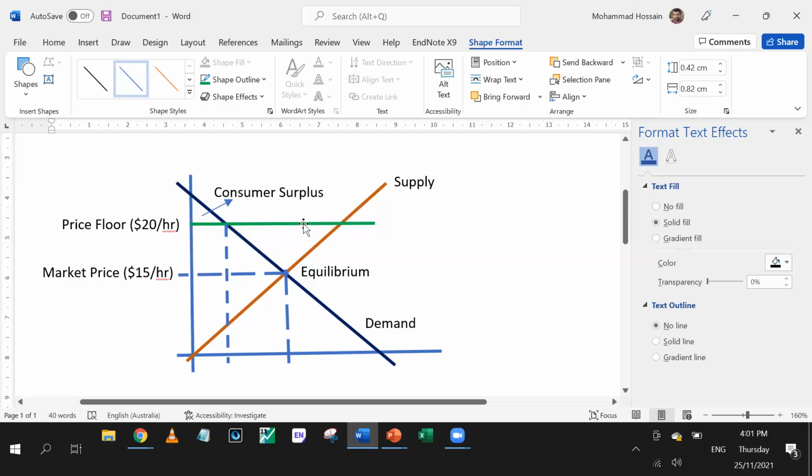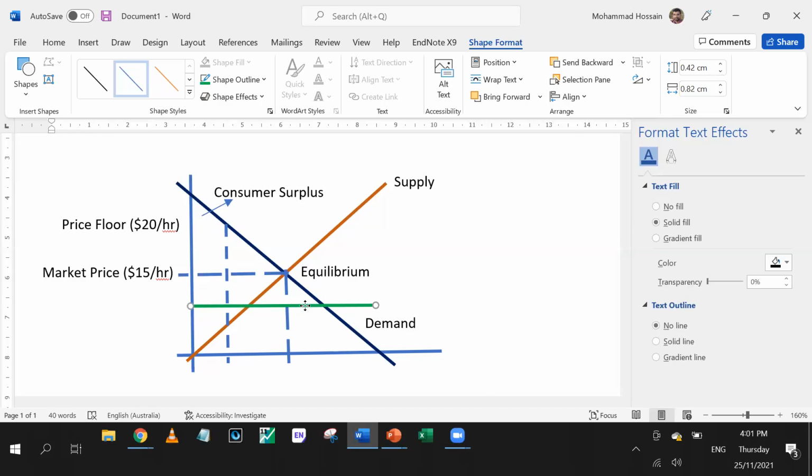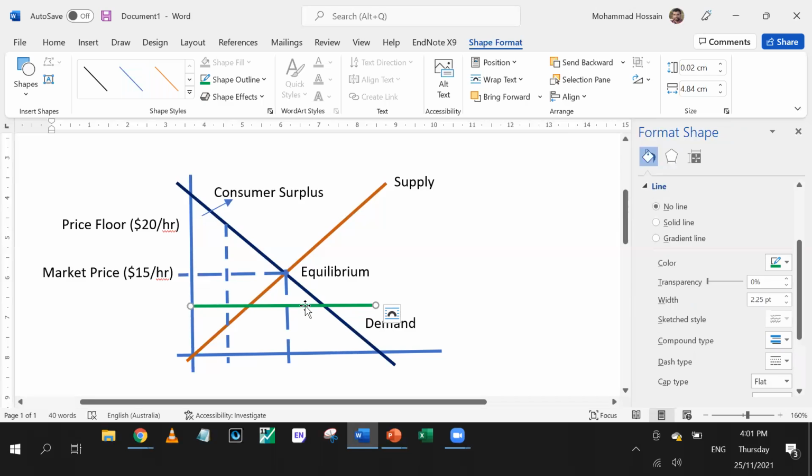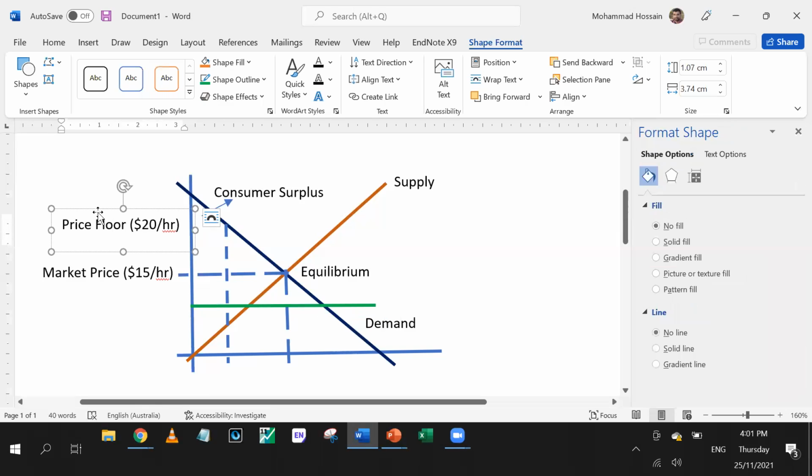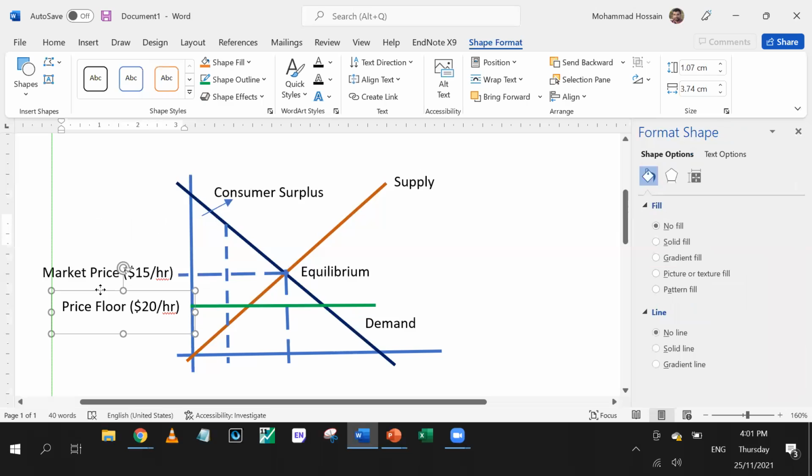All right. Now, if the government brings the price down in here, for example, that's the government setting it in this way. This is not a price floor anymore. Let's say here the market price is 12.